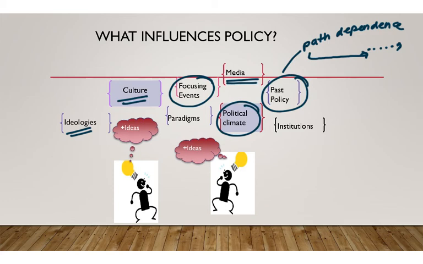Part of the reasons that policies are path dependent or they rely on past policies is that institutions are created by policies. What do I mean by that? Well, we had past policies that created the Veterans Health Administration.